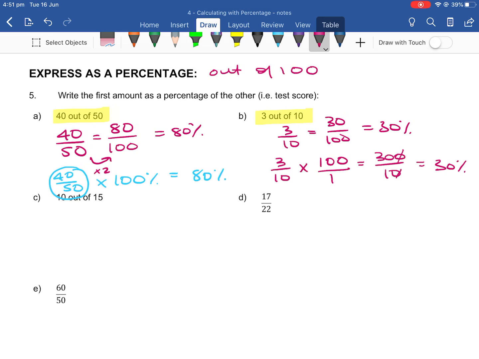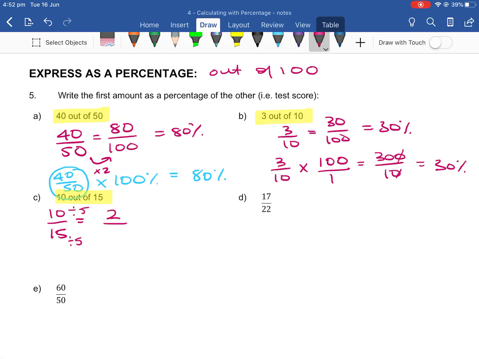So these are quite straightforward ones because we can link the fraction of out of 10 and out of 50 to 100. Let's have a look if we scored 10 out of 15. 15 is not so easy to get to 100, but I can see that 10 and 15 have a common factor, and that's 5. So if I divide the top and bottom by 5, it might enlighten me to something.